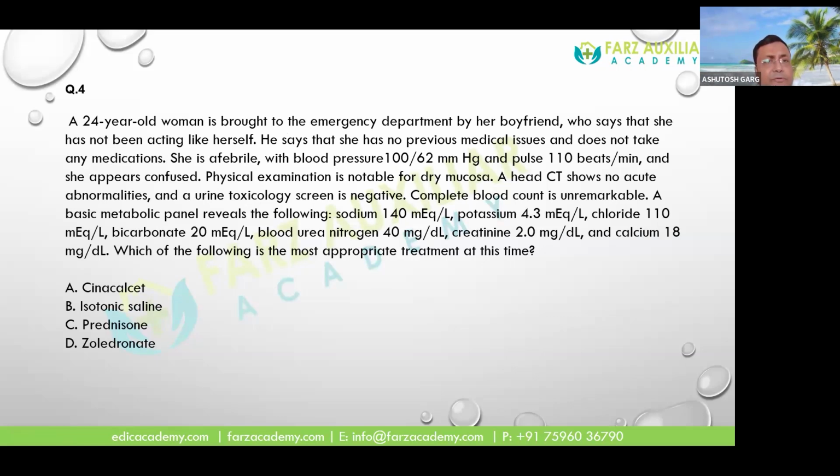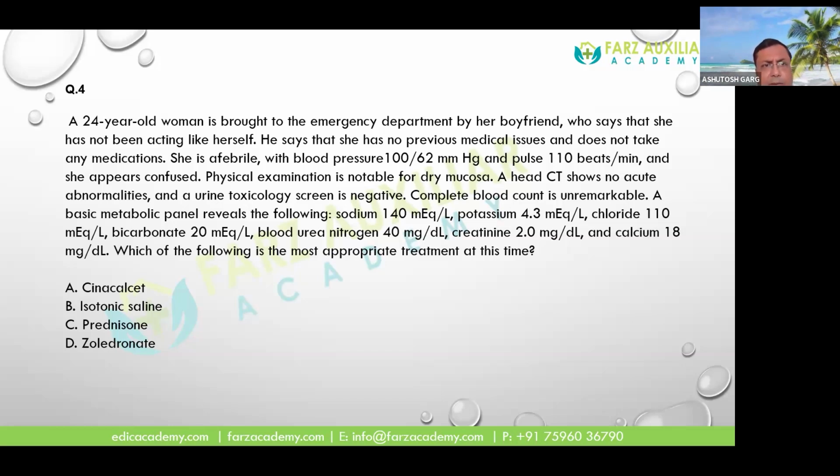Then, a 24-year-old woman is brought to the emergency department by her boyfriend, who says she has not been acting like herself. He says she has no previous medical issue and does not take any medication. She is febrile, BP 100/62, pulse 110. The patient has dry mucosa, no acute abnormality, urine toxicology negative.